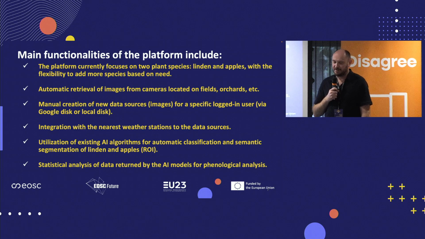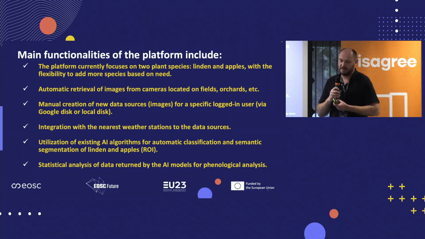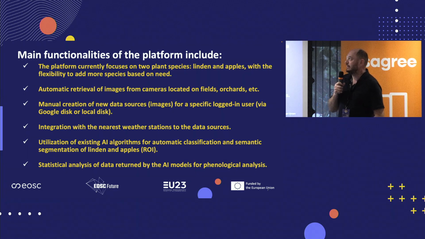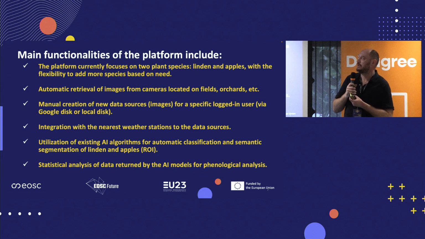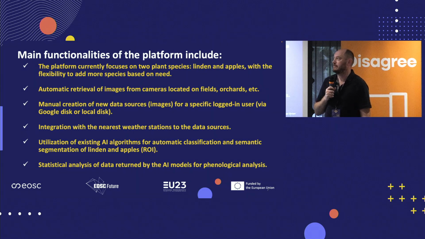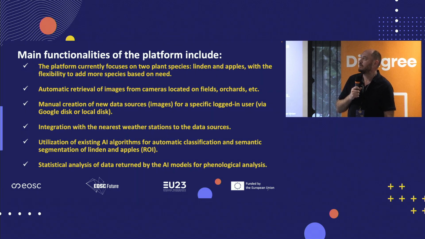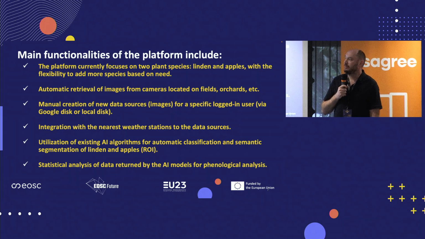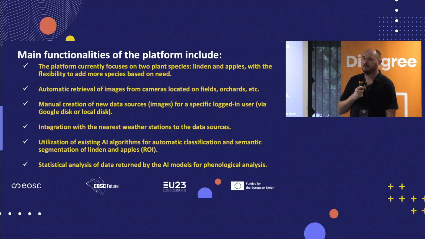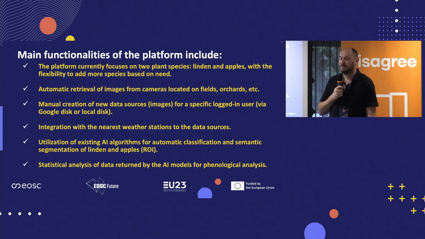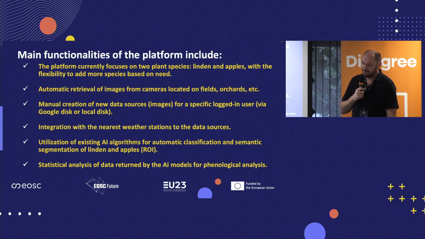The main functionalities on the platform include, as I mentioned, linden and apples. These were the species, so images were collected for linden and apples, in an automatic way from a camera using a scheduler, or you can manually create data sources from your own local computer or Google Drive.